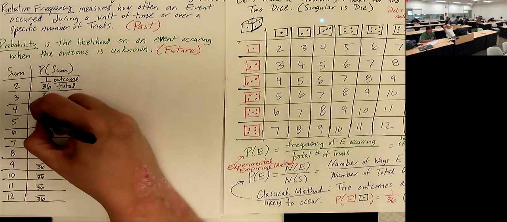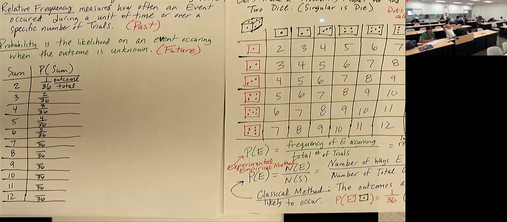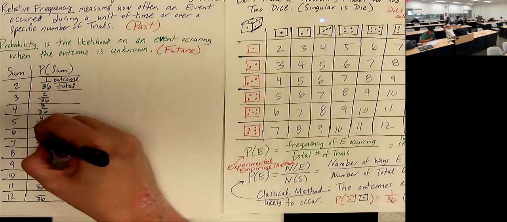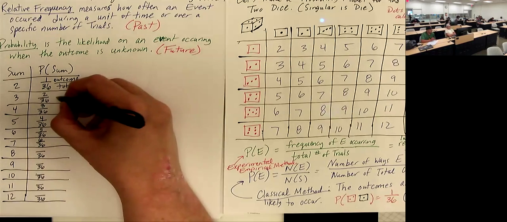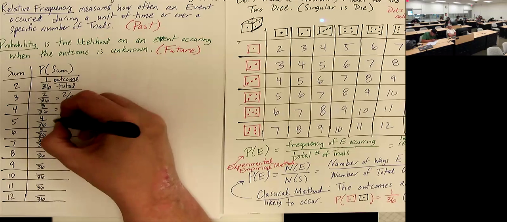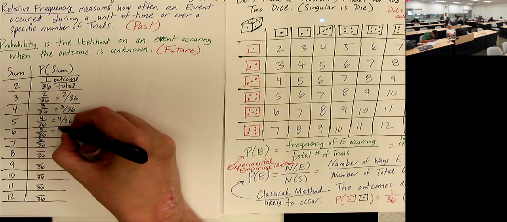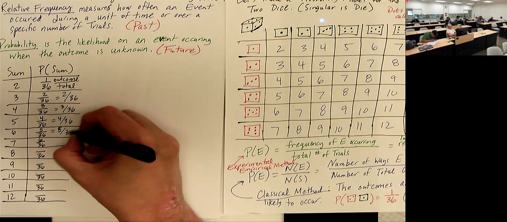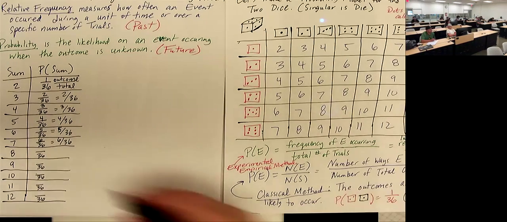There's 4 ways to get a 5, and there's 5 ways to get a 6. 7 has the most, 7 has 6 different ways. This might look a little bit better if I do a diagonal like that. It might be a little bit easier to read. And then when we get to 8, the numbers start going back down again. 1 second.